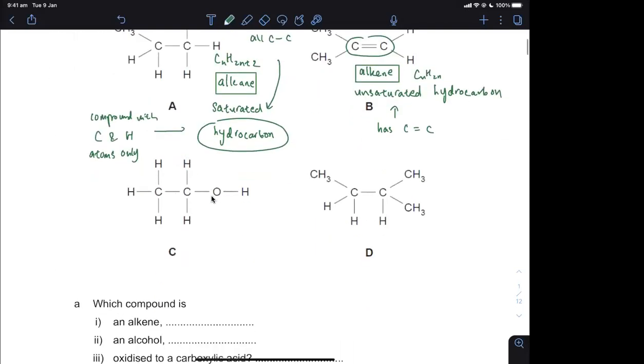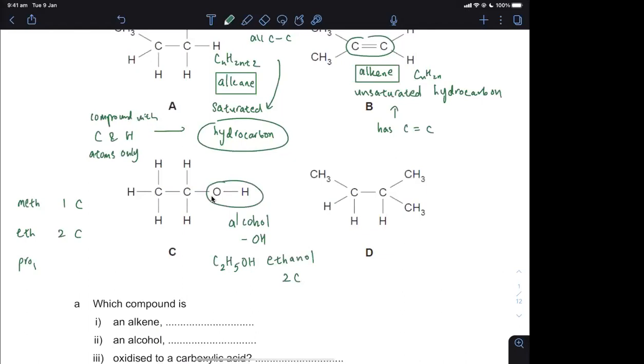You have the characteristic alcohol group. So this is the alcohol. It's got the OH, and this is a C2H5: 1, 2 carbons, and then 1, 2, 3, 4, 5 hydrogens. And then we write OH. This is a 2-carbon alcohol because 2 carbon is called eth. There's 1 carbon for meth, eth is 2 carbons, prop is 3 carbons.